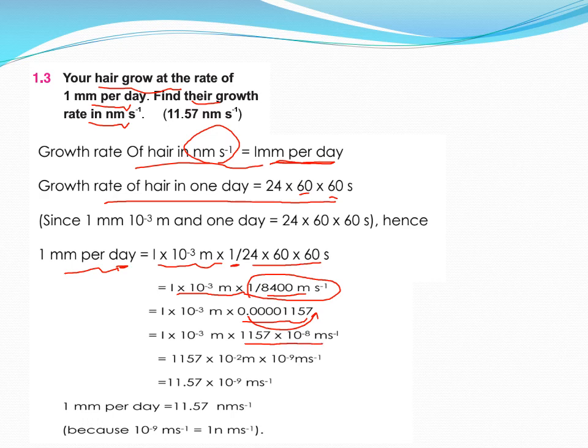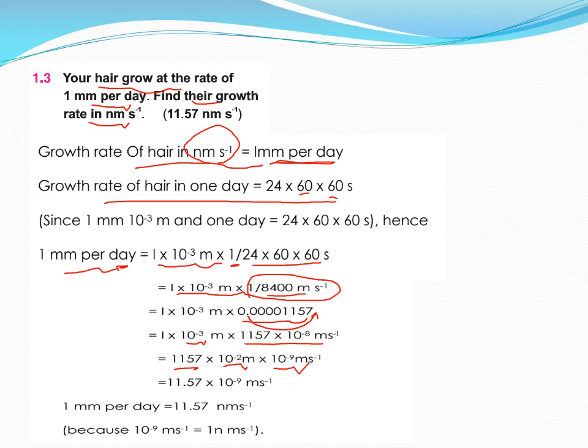And now we are to change it into nano. So here 11.57 is written, and 10 to the power -3 is broken down into 10 to the power -2 and 10 to the power -1, and that 10 to the power -1 is added with 10 to the power -8, equal to 10 to the power -9.